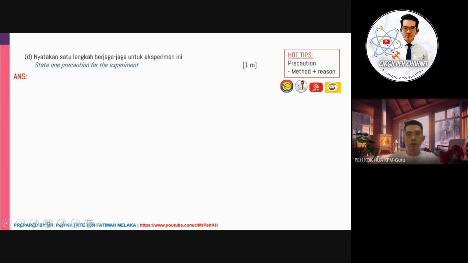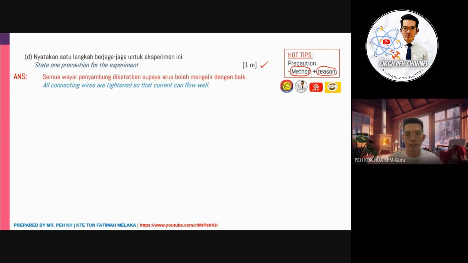Okay, then we go to our last question, where I'm going to discuss the precaution with you. Step 1, precaution for the experiment. So how do we write the correct precaution? Here will be 1 mark. You need to give the method together with the reason. If you give the method without the reason, the mark will not be given.